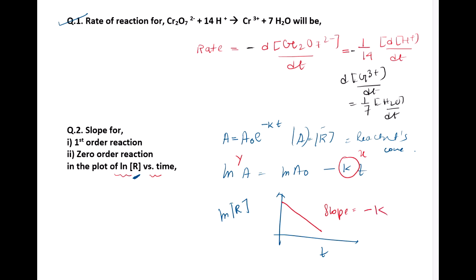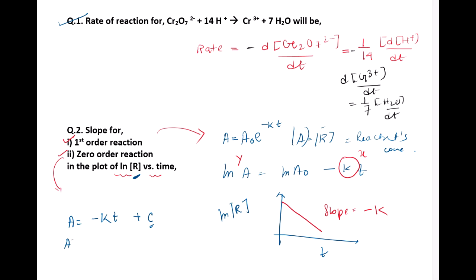Then we have the zero order reaction. For a zero order reaction, the equation we know: A equals minus kt plus C, where C is the constant.